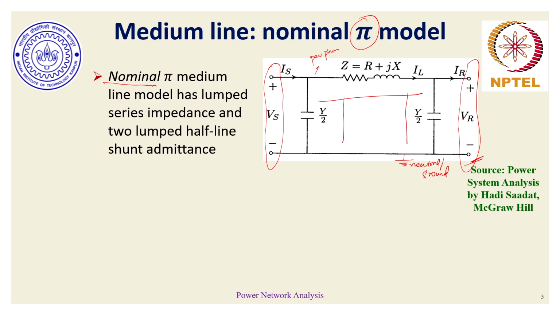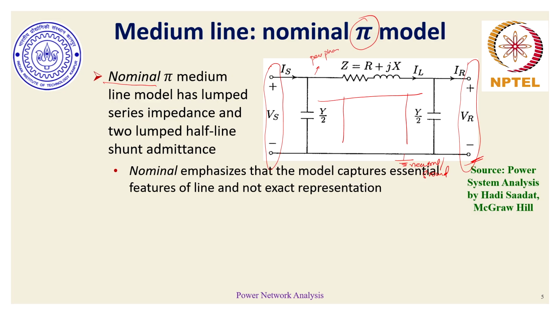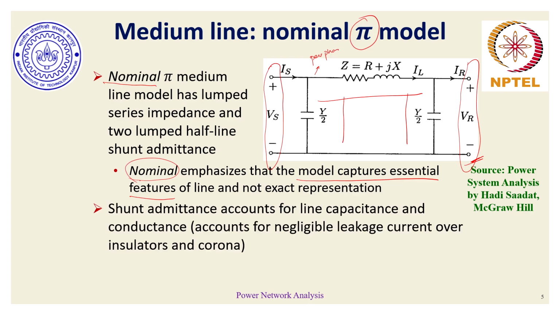The actual line still has distributed parameters. The line capacitances are not present at the line ends; they are still distributed. So the word nominal refers to the notion that the model we are considering captures only the essential features of the line. It is still not the exact representation. So to segregate this feature, the term nominal is important in that context.